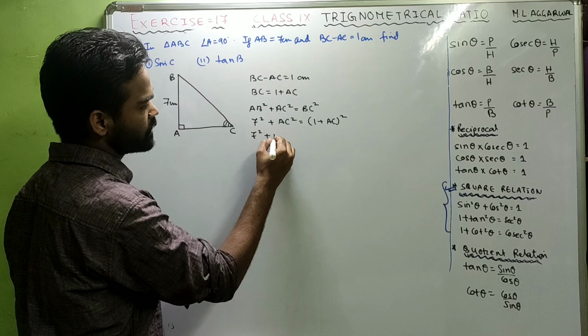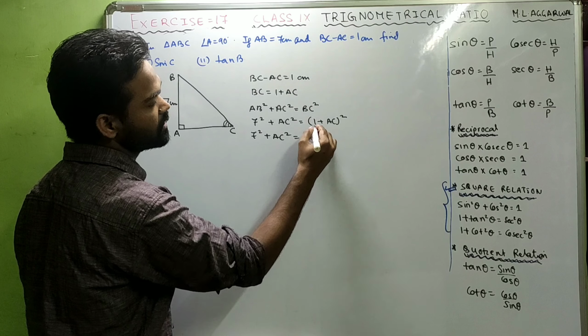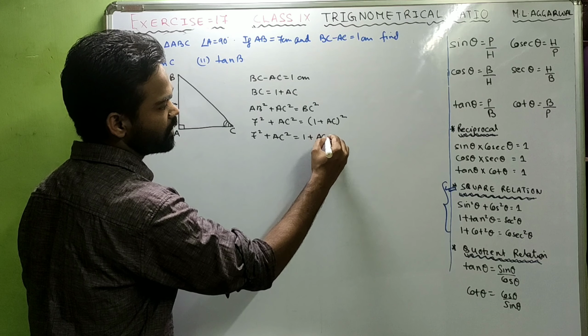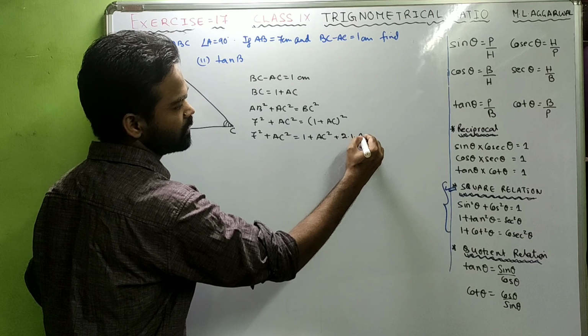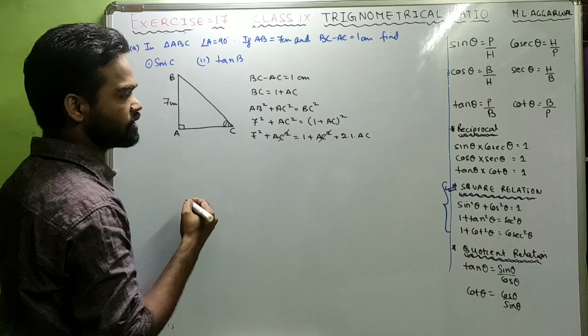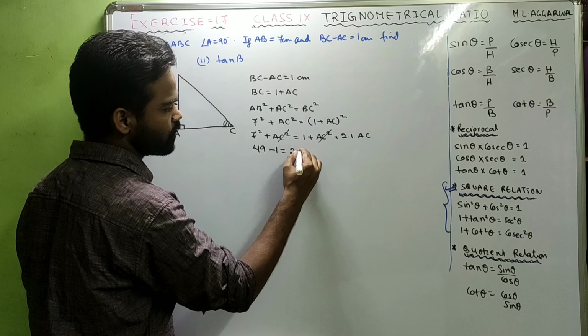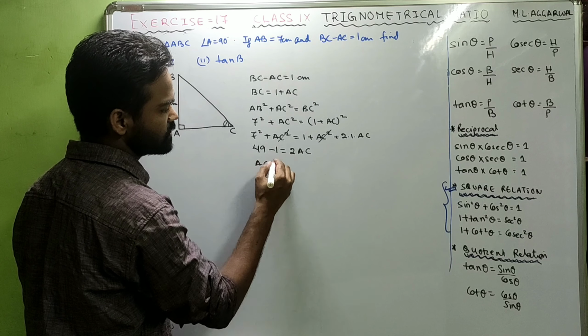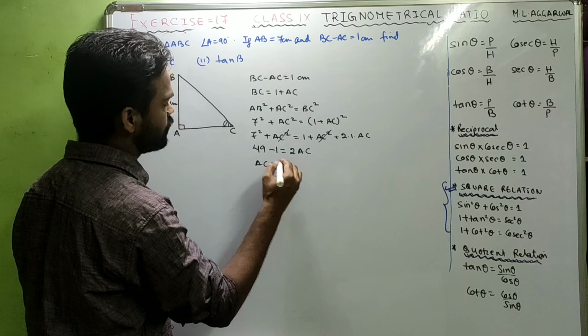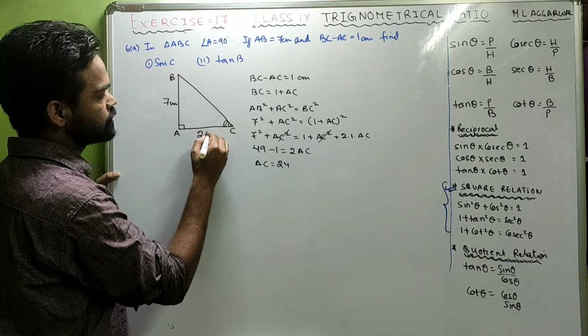So 7 square plus AC square equals 1 plus AC whole square. This is A plus B whole square, A square plus B square plus twice AB. AC square cancels. 7 square is 49, minus 1 equals twice AC, which means AC is 48 by 2. That's 24. So we got AC as 24.